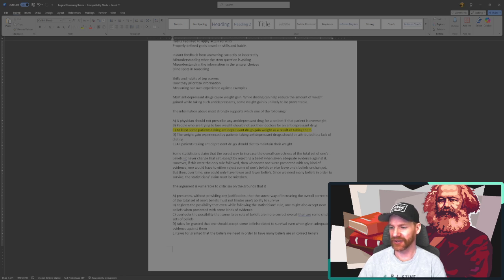That actually probably is the most correct statement according to this. So the argument is vulnerable to criticism on the ground that it takes for granted that the beliefs we need in order to have many beliefs are all correct beliefs.